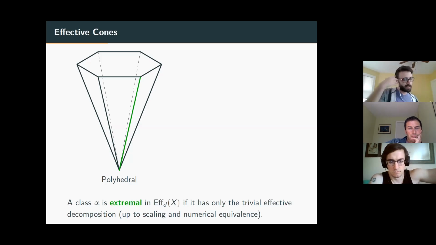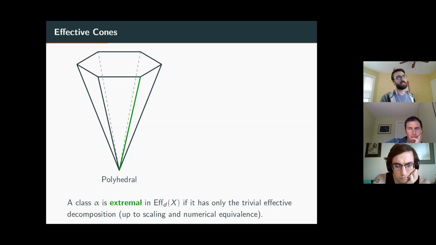And you can think about how to define these. There are several definitions that might work, but the one that turns out to be nice for us is that a class is extremal if it has only the trivial decomposition. What you can think of is if I'm anywhere else in this cone, say the inside of the cone, right in the middle, the positive z-axis, I could take the sum of opposite rays here.